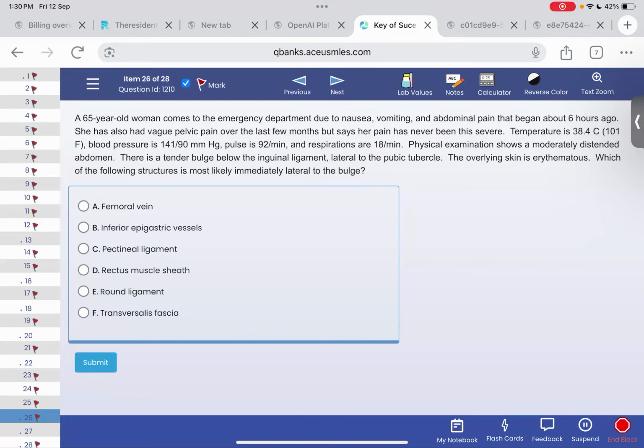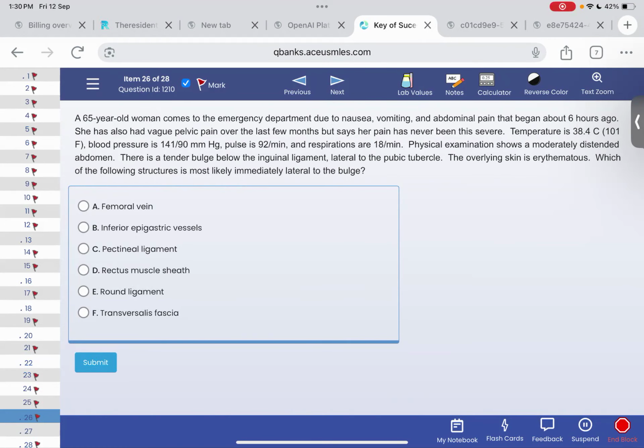Temperature is 38.4. Blood pressure 141 by 90. Pulse is 92. Respirations 18. Physical exam shows a moderately distended abdomen. There is a tender bulge below the inguinal ligament, lateral to the pubic tubercle. The overlying skin is erythematous. Which of the following structures is most likely immediately lateral to the bulge?